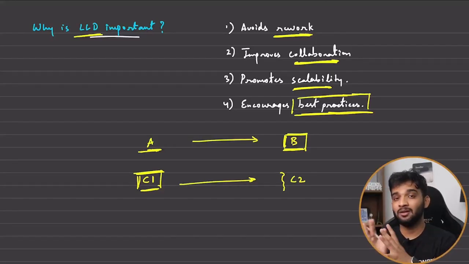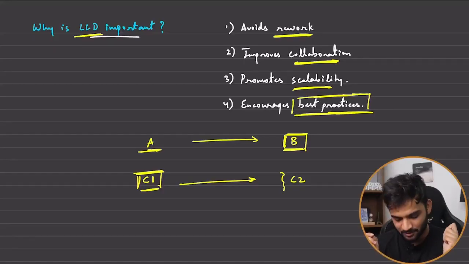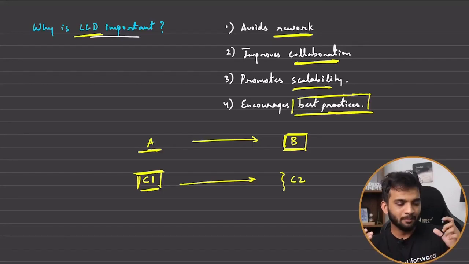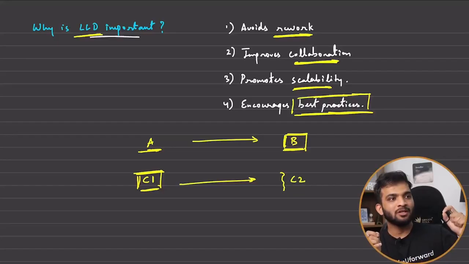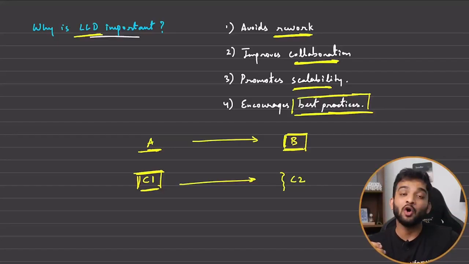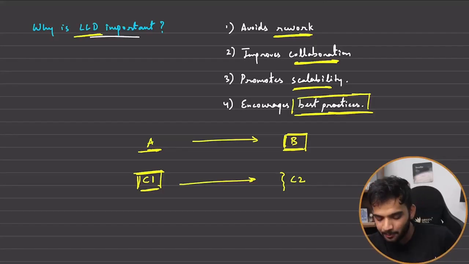Why? Because over there the priority was to ship the product. So sometimes you'll have to prioritize. It's not important that you always follow all the design principles, it depends on the situation.